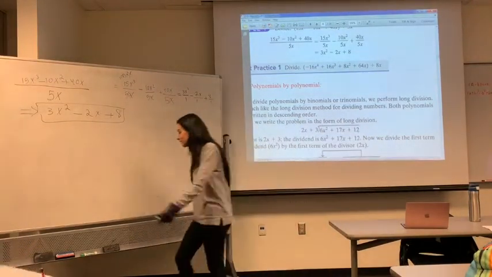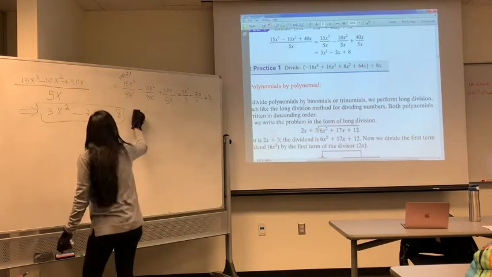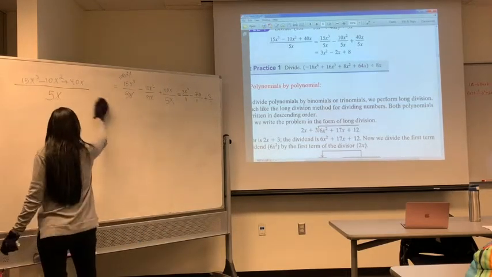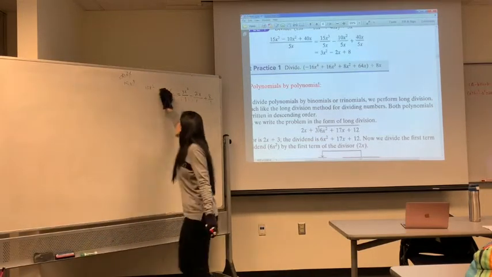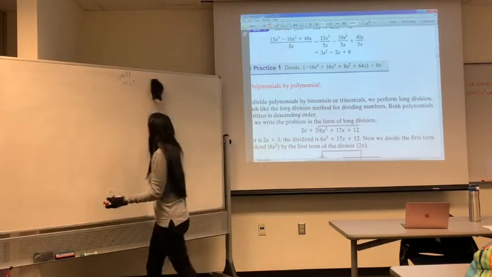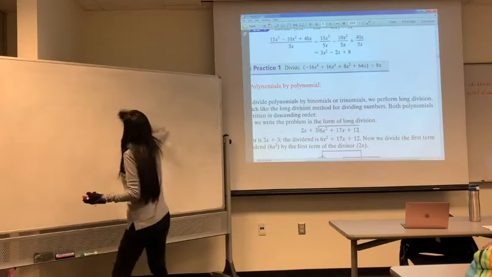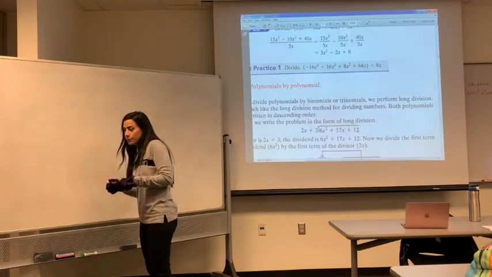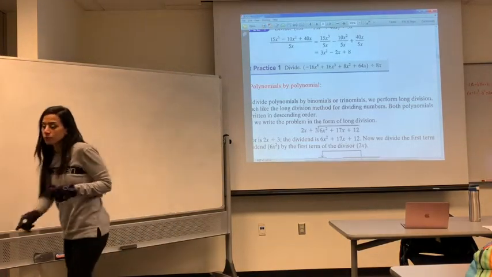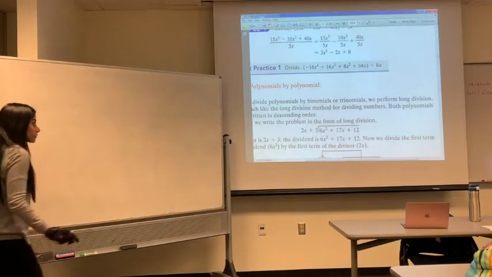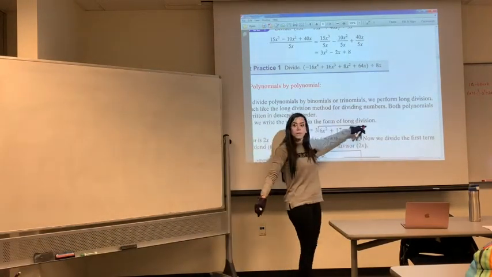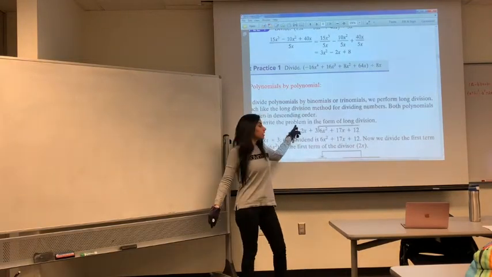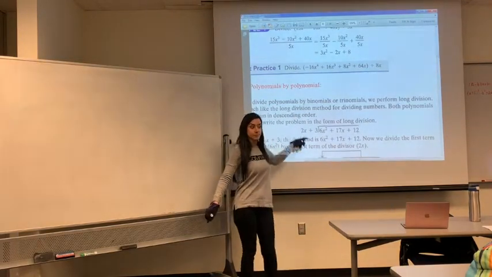So now, maybe this one is the difficult part, but actually it's not that difficult. It will be kind of following a pattern. Okay, so put this away. We want to divide a trinomial by a binomial, correct?